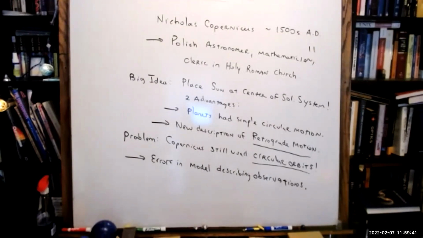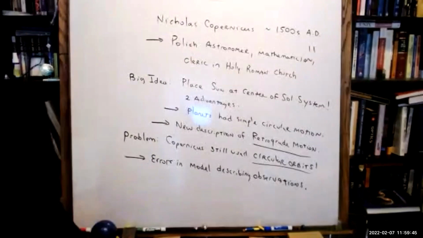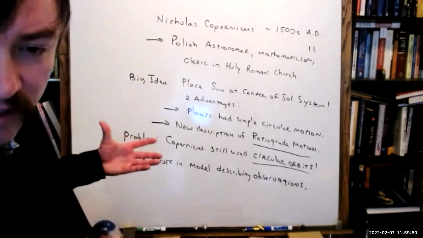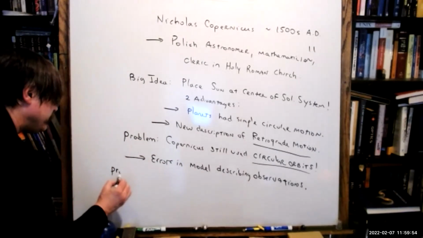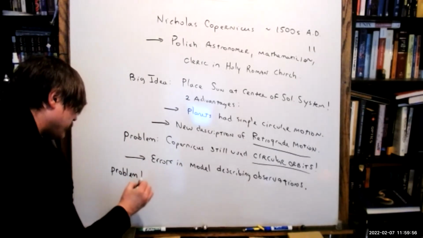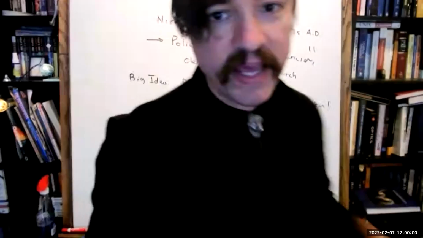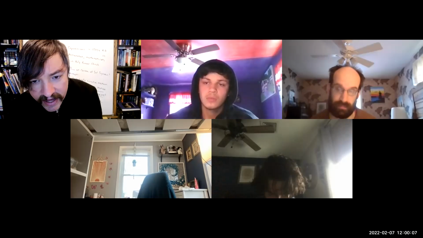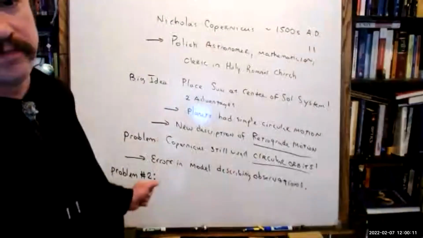All right. So there are errors in the model describing observations. Thus, this led to some confusion, some debate. There was also another problem. And problem number 2 was what led to there being a debate about heliocentrism versus geocentrism that dominated the astronomical community for hundreds of years to come.